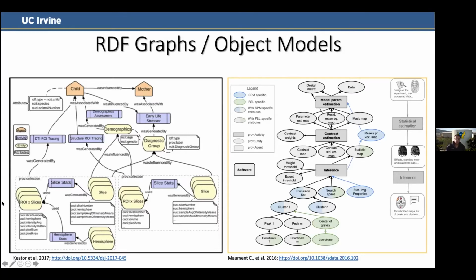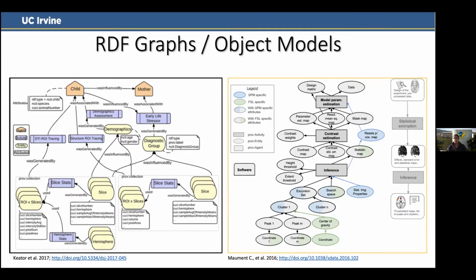And so just a couple of examples on the left here. This was just a model that we created to describe rodent data in a UCI Conte Center, where they were collecting, in this case, DTI, so diffusion tensor imaging MRI scans on the rodents. They were doing some kind of processing of the slices of those DTI scans and relating them back to early life stressors of the mother. And on the right, just another example.